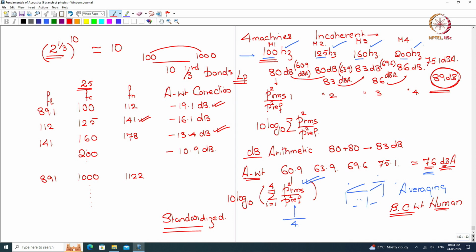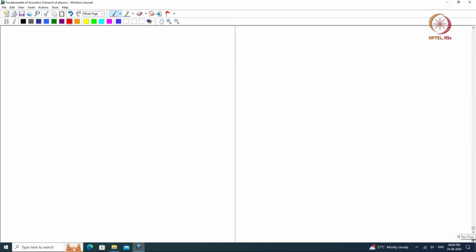Now, to give you an idea of sound and sound power: if we have a Saturn rocket, I have taken this from the net, it produces 1e6 watts of power, and the sound power level LW could be about 180 dB.